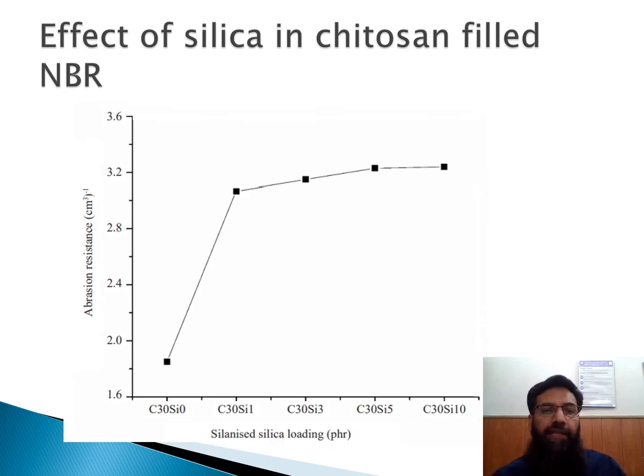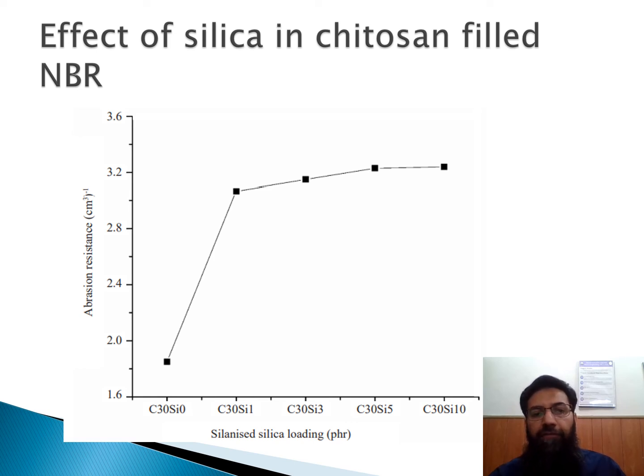Similarly, the effect of the silica can also be seen on the abrasion index. With the increase in loading of the silica, the abrasion index of the rubber increases. Here in this case, up to 1 PHR, we get an increase in the abrasion resistance of the chitosan filled NBR.